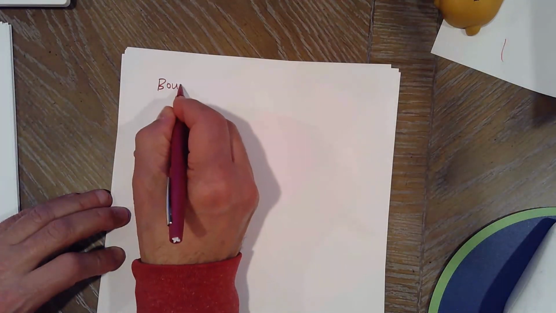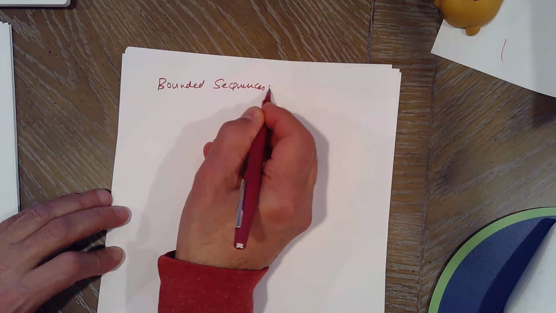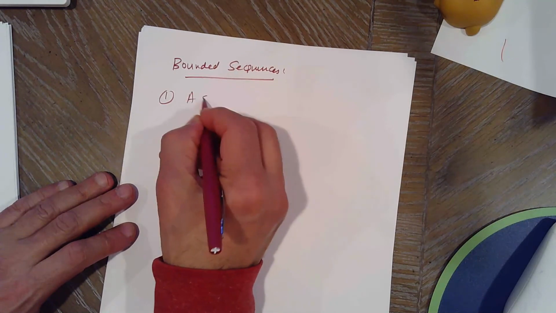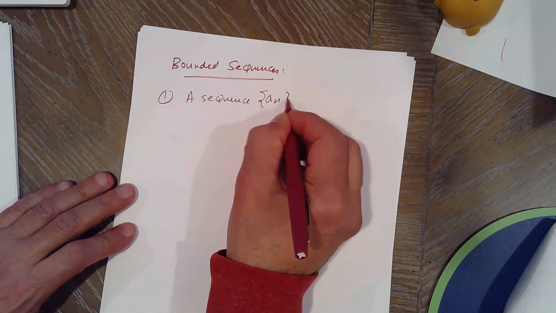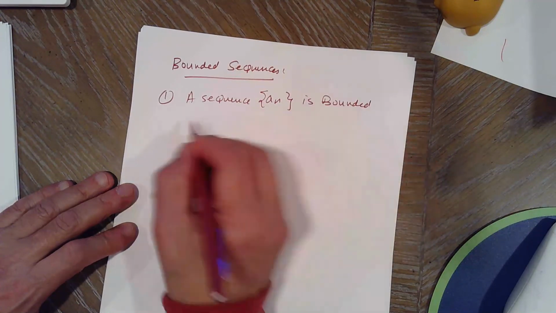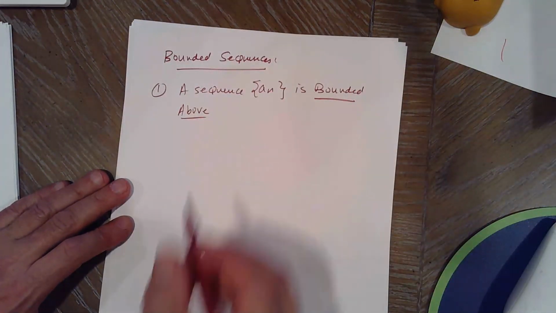Now we're going to talk about bounded sequences. A sequence a_n is bounded above. So we're going to talk about bounded above, bounded below, and then bounded.